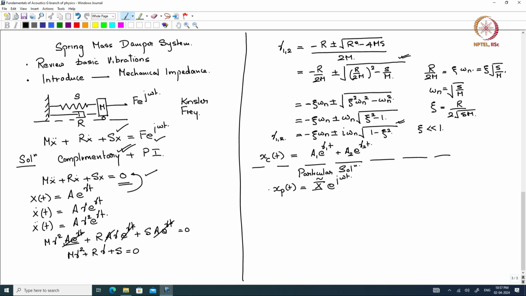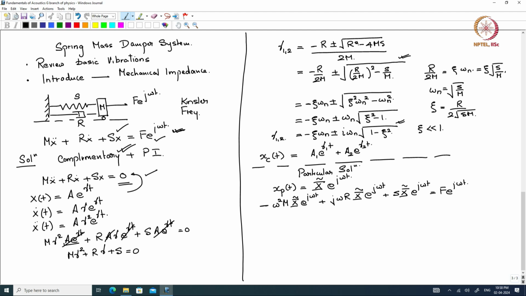Now if we substitute this back into the inhomogeneous equation that is driven by a force, what we get is minus omega square m X tilde e to the power of j omega t plus j omega r X tilde e to the power of j omega t plus s X tilde e to the power of j omega t is equal to f e to the power j omega t.